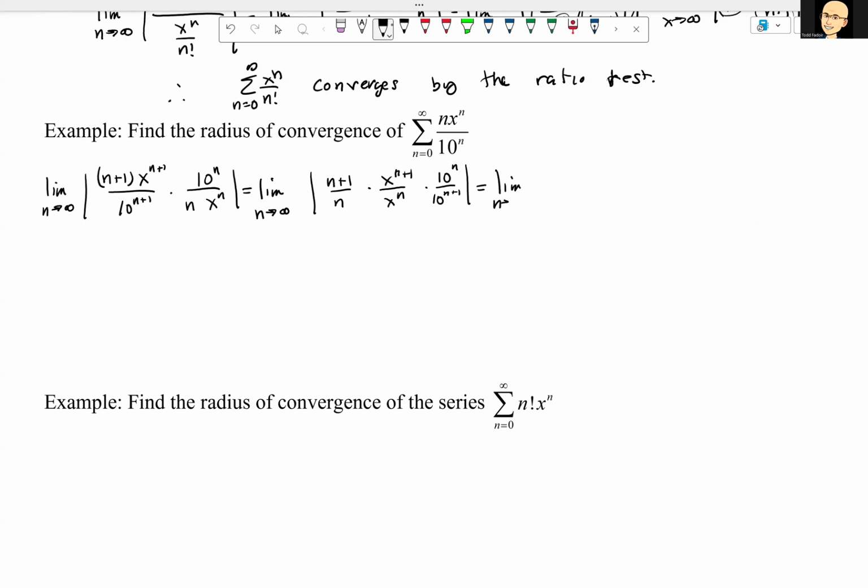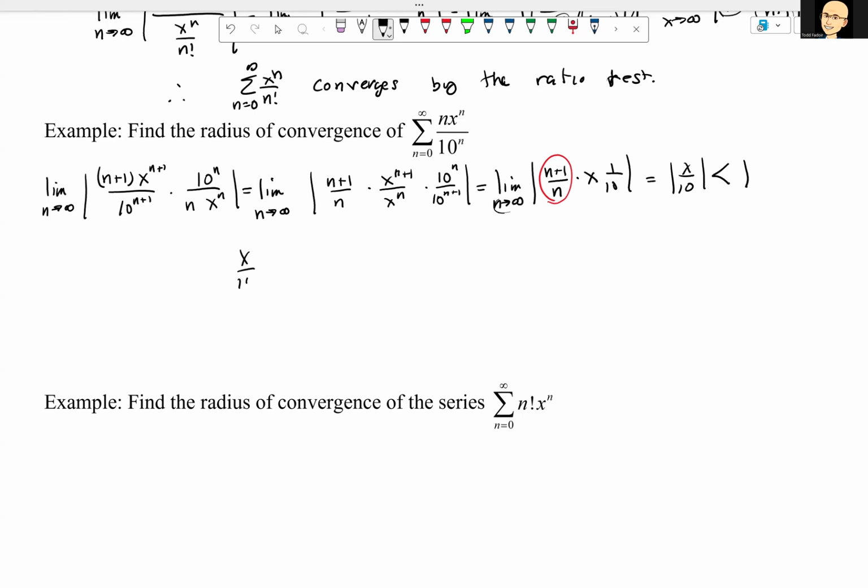Simplifying this expression, I can't do anything with n plus 1 and n. There's no cancellation there. But I do get an x here, and I do get a 1 divided by 10 there. When I apply the limit as n goes to infinity, this expression is going to go to 1, leaving me just the absolute value of x over 10. And so now I ask the question, when is that expression less than 1?